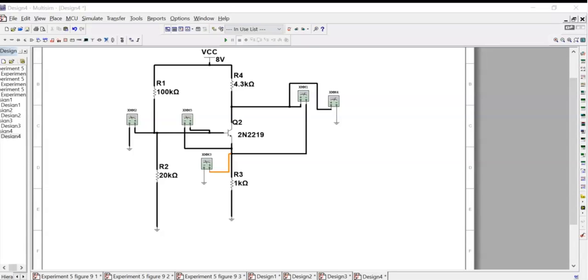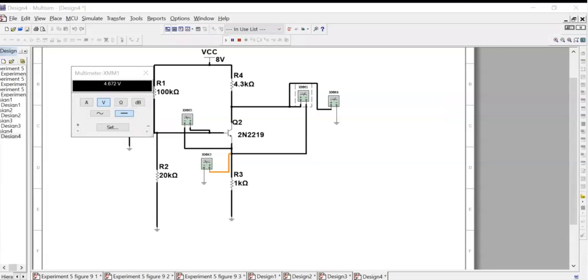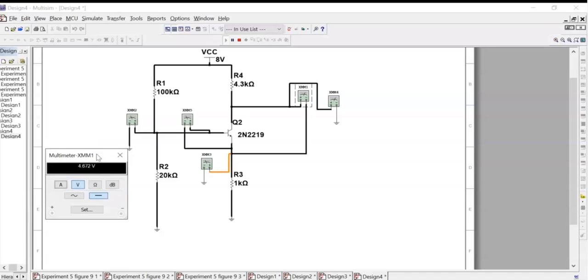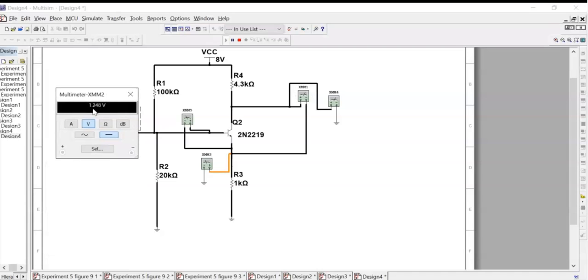Okay. So we'll start with VCE. The value is 4.627 volts. Next, VB is 1.248 volts.